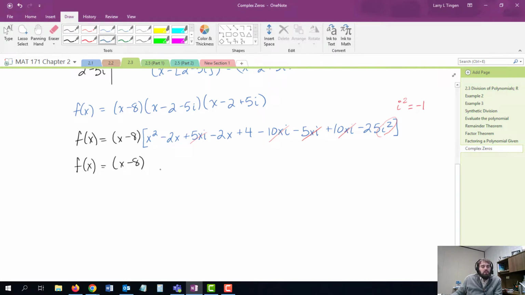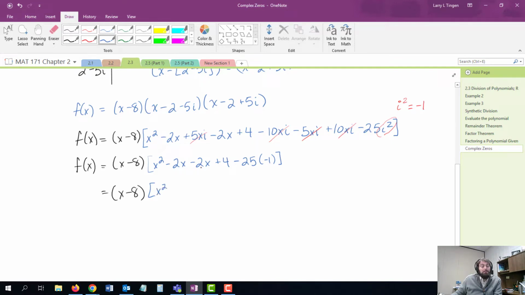But we know that i squared is negative 1. So on the next line, I've got x squared minus 2x minus 2x plus 4 minus 25 times negative 1. Combine like terms, and what are we going to find? x squared is by itself.